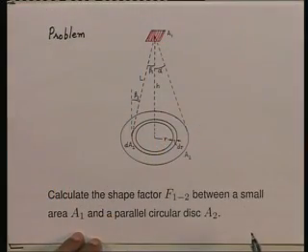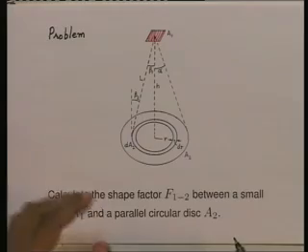We would like to calculate F1 to 2. We are going to use obviously the formula which we derived for shape factor between a small area A1 and a large area A2. So, what is the formula? Let me just put that down.